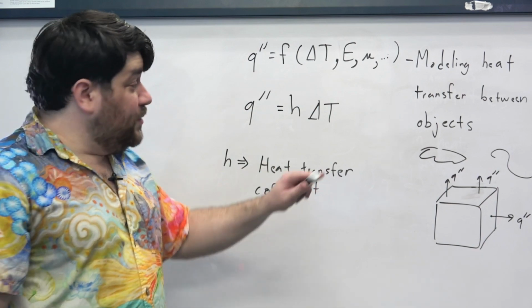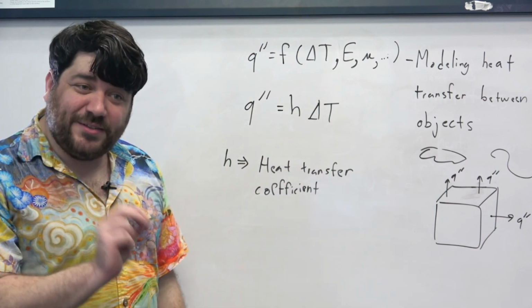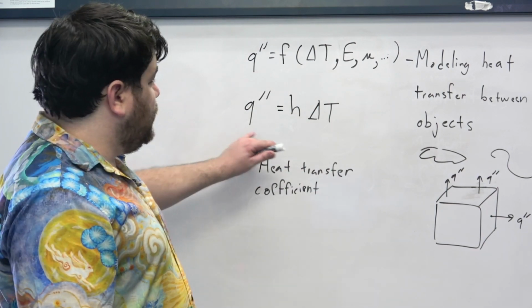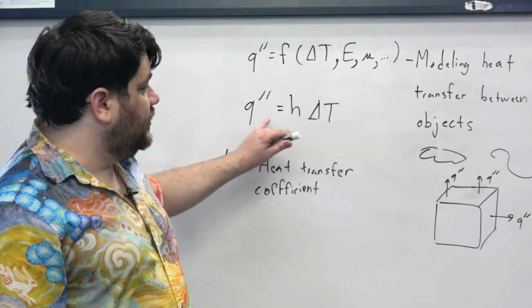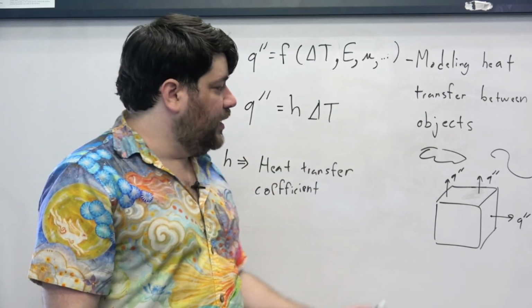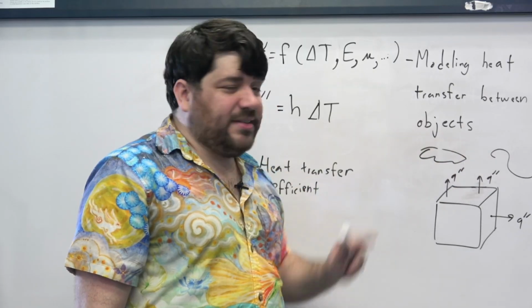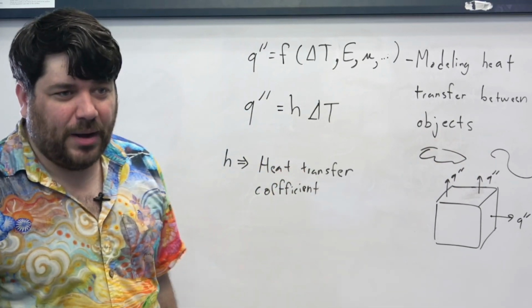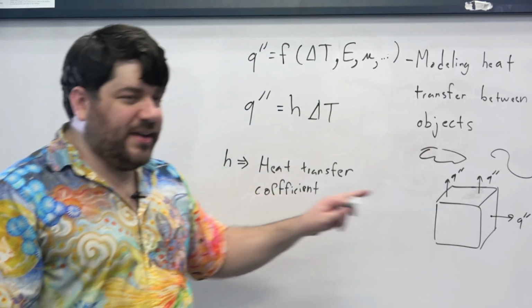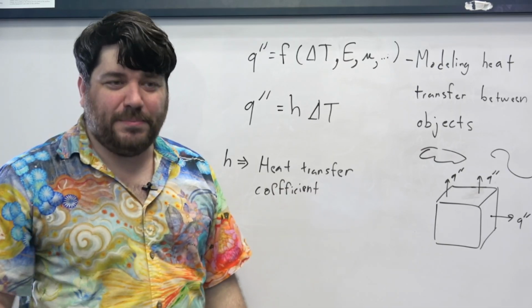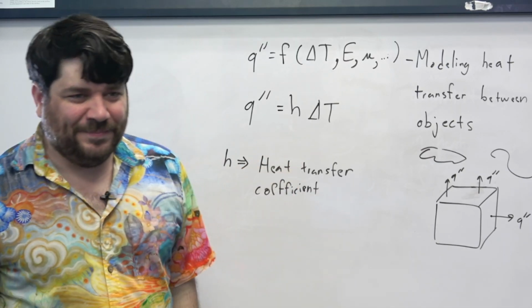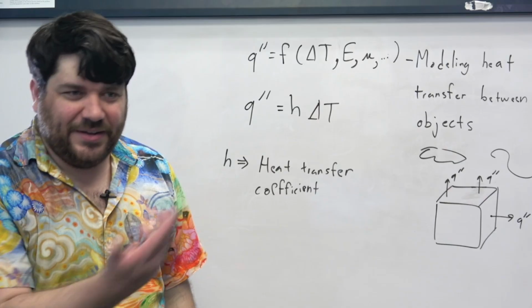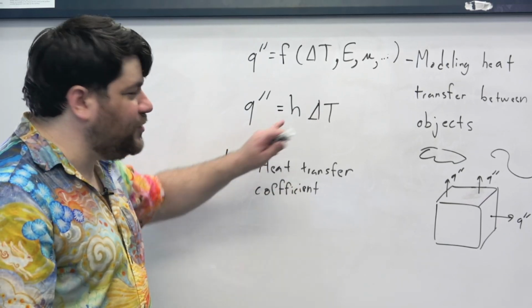And then the h we would have to find by running detailed experiments where we study what this heat flux is as a function of temperature differences between an object in the atmosphere for different material properties. So if I take this rock and I switch it out with another rock of the same shape but a different material, that h is going to be different. If the wind is blowing over the rock in a different way from one day to the other, the h is going to change too.